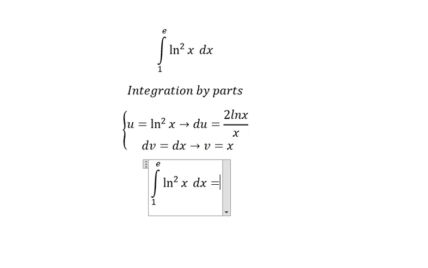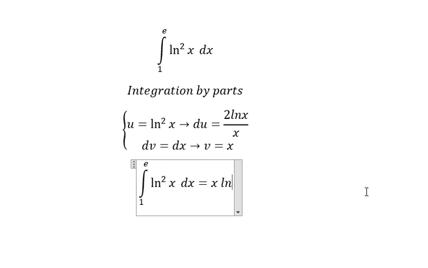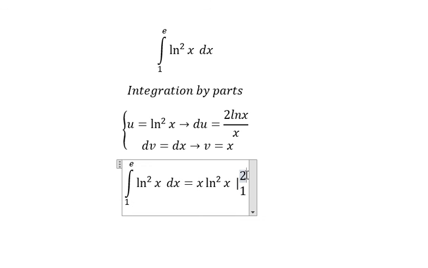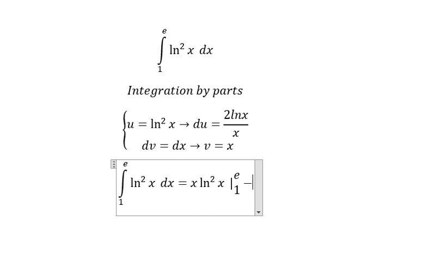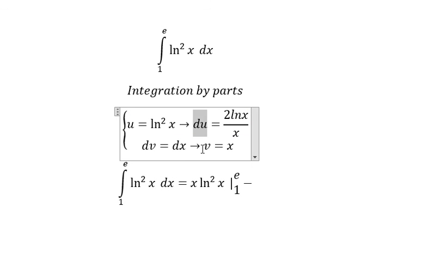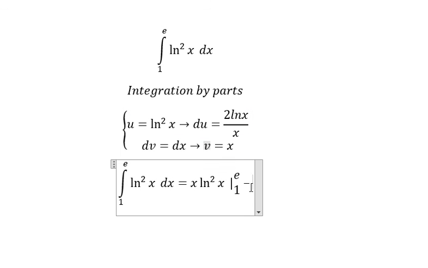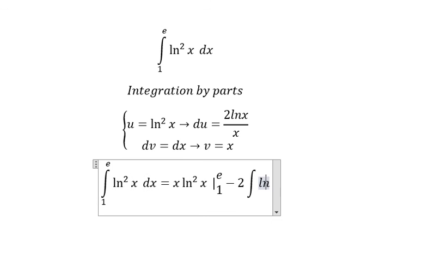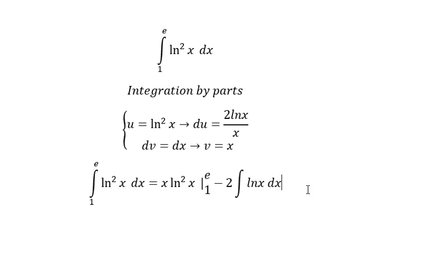So we have u multiplied by v, and you get s ln s to the power of 2, and we put the bounds from number 1 to e. Minus, we have the u multiplied by v, so we will have number 2, and we have the integration of ln s ds.